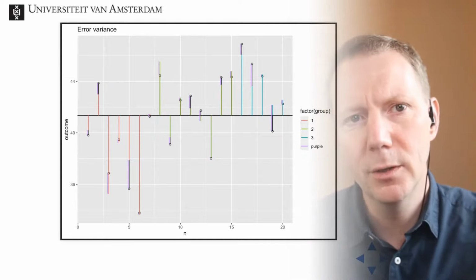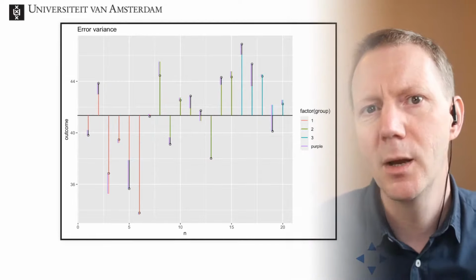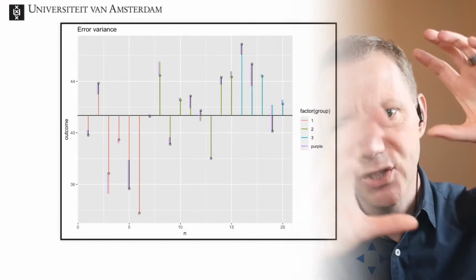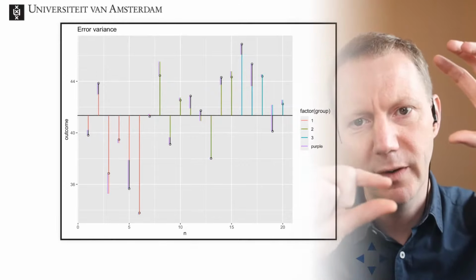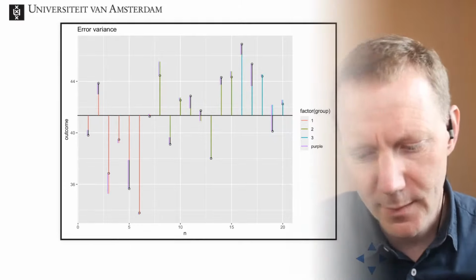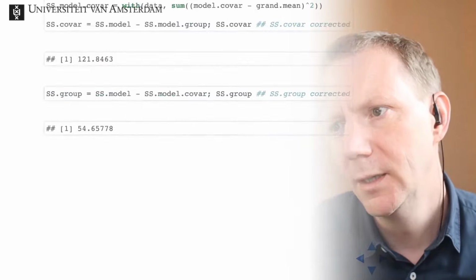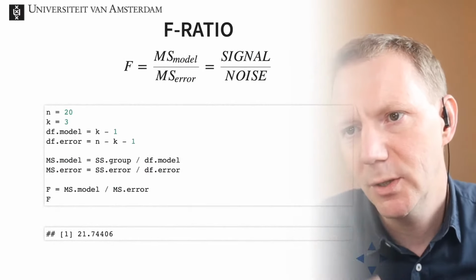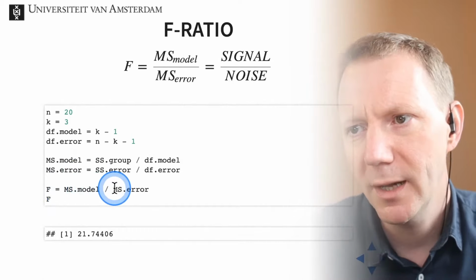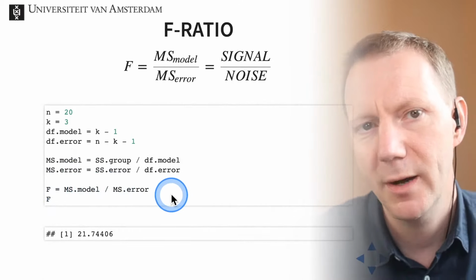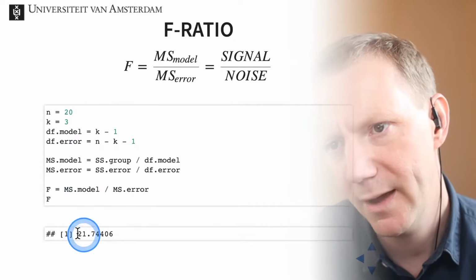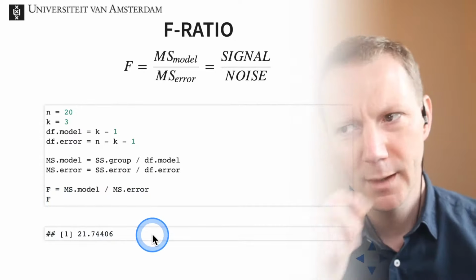So therefore, when adding a covariate, you're actually decreasing the amount of error that you have in your model. So that is essentially what you're applying here. You're stating, well, I have the mean squares of the model, I have the mean squares of the error again, so I have a signal to noise ratio, which leads me to an F value of 21.